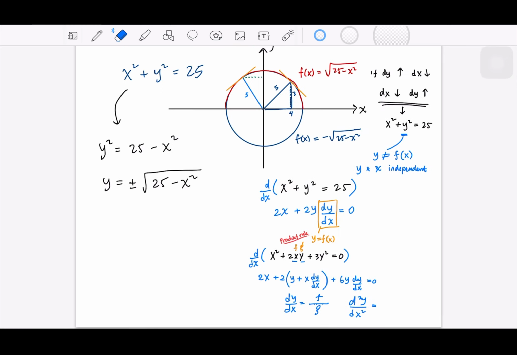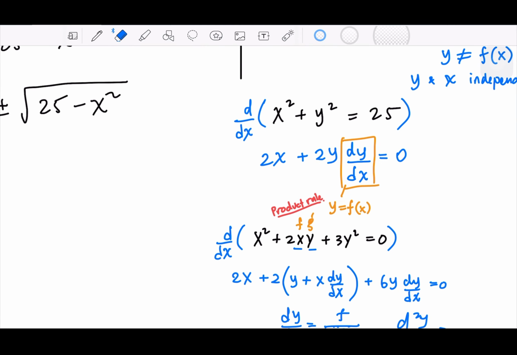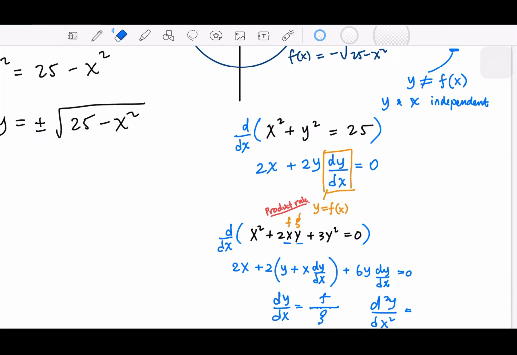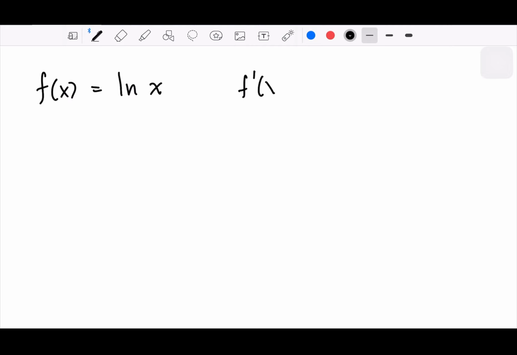Okay, now from this method, you can use it to check most of the derivative formulas or methods. For example, if f of x is ln x, some of you maybe know that if we derive this, we will have 1 over x, right?